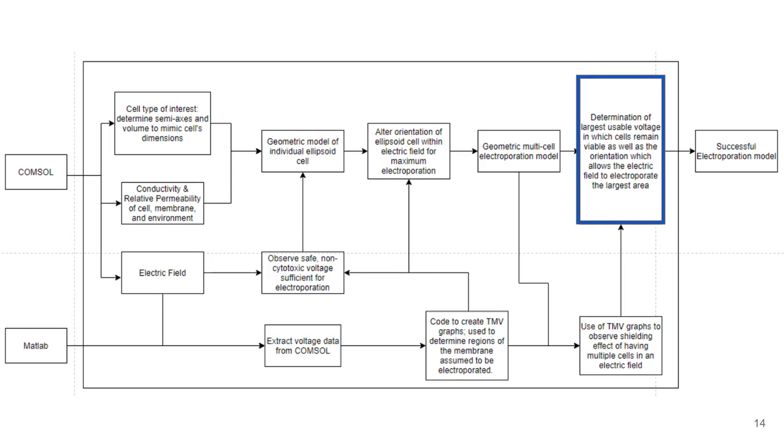This is where our project steps converge, and we are trying to state that our model is fully optimized. Our main goal is to maximize the cell's electroporated surface area, and as mentioned, using the largest voltage we can, at varying orientations and maintaining a high level of viability. The end output of our project is a series of models displaying successful electroporation of ellipsoid cells.